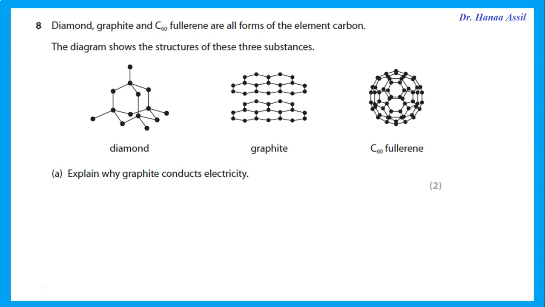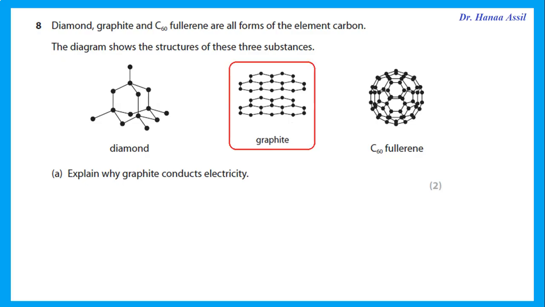Diamond, graphite, and fullerene are all forms of carbon. The diagram shows the structures. Explain why graphite conducts electricity. So why does graphite conduct electricity? You should know it's because it has free what? Delocalized electrons.